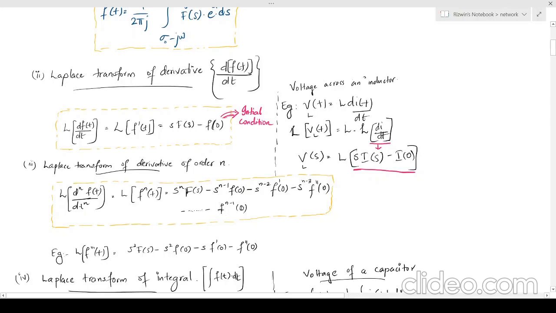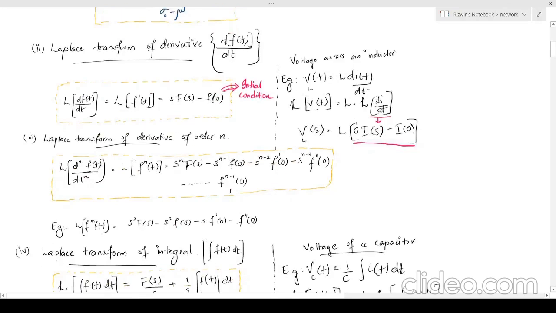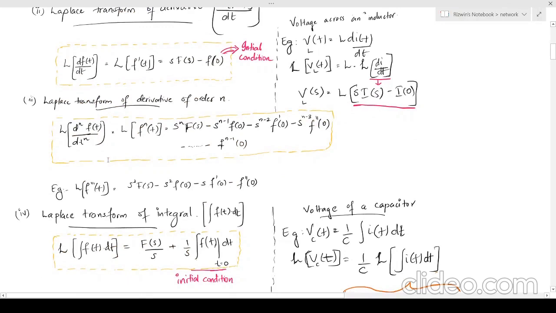So we are substituting 0 for the time variable in each function and taking the derivative at each step, as you could see from the equation. That's the case when the derivative is of order n.